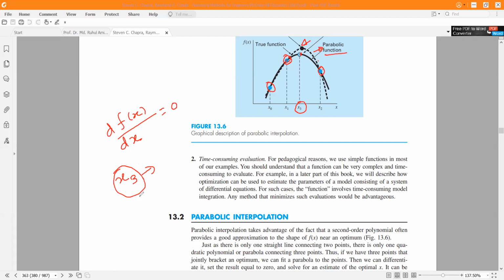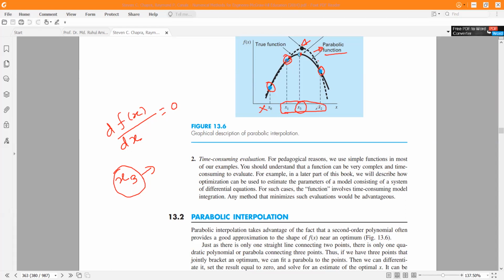Yes, sir. If it is not the maximum value, then you can examine which region or which point you have to discard. If our maximum value lies among these 3 points, then we can easily discard this one.